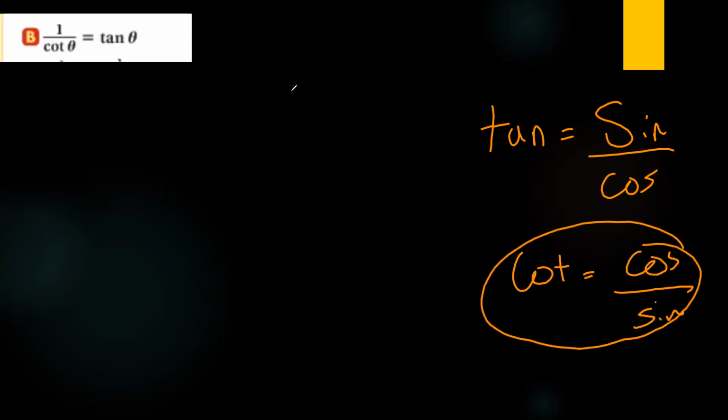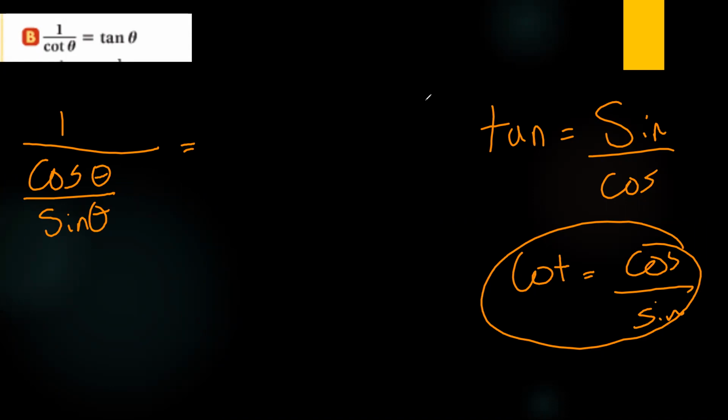So let's replace cotan with cosine over sine. That means 1 divided by cosine over sine.